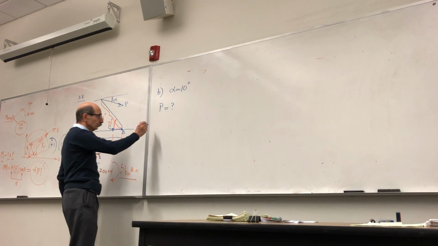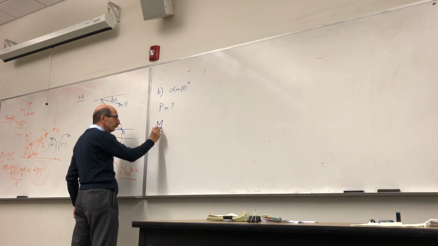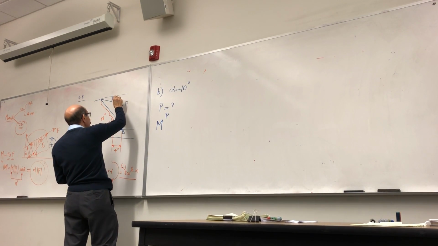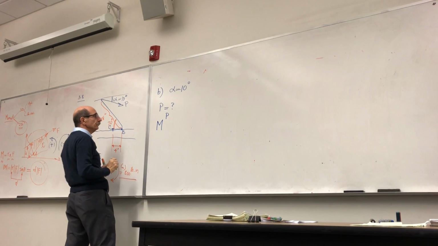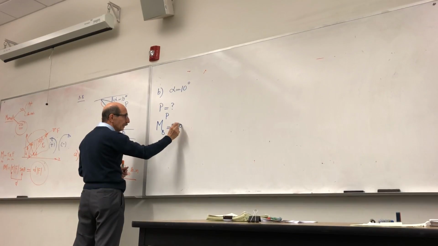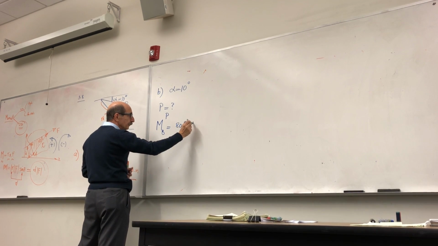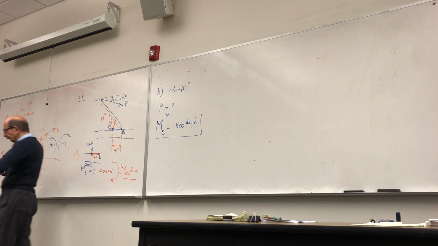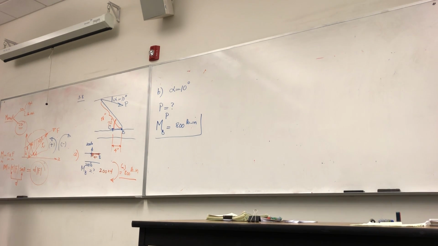In other words, we know the moment of this force P with this given orientation, this being 10 degrees, is the same 800 pound inch. So you want to find the force that would generate that moment about point B, given the direction of the force is given.